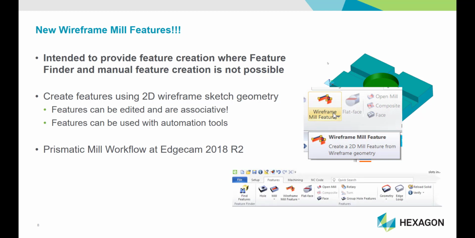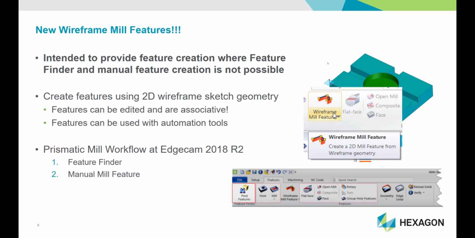So thinking about that Features tab, your prismatic mill workflow at Edgecam 2018 R2 can change somewhat. So we would recommend that when you bring in a solid and you've got prismatic mill work, you begin by running Find Features, the automatic feature recognition tool. This will likely result in many of the features that you need for the manufacturing process, and as usual, if there's some that you don't need, you can throw those out.